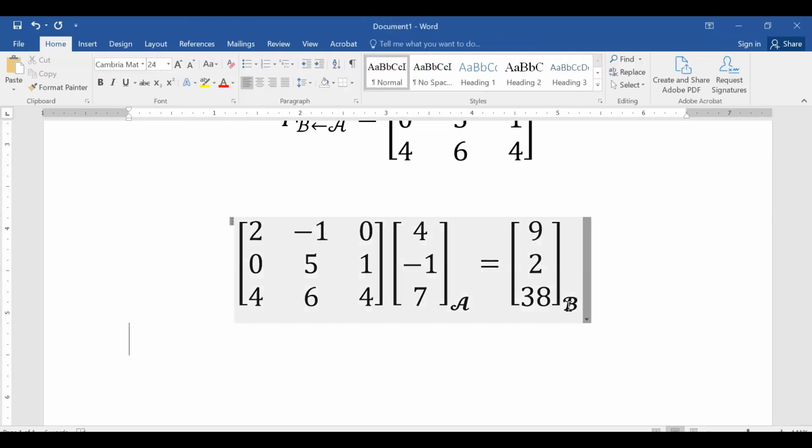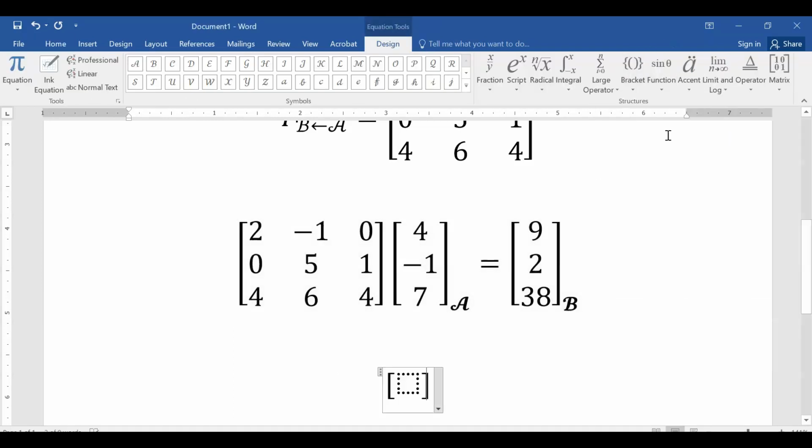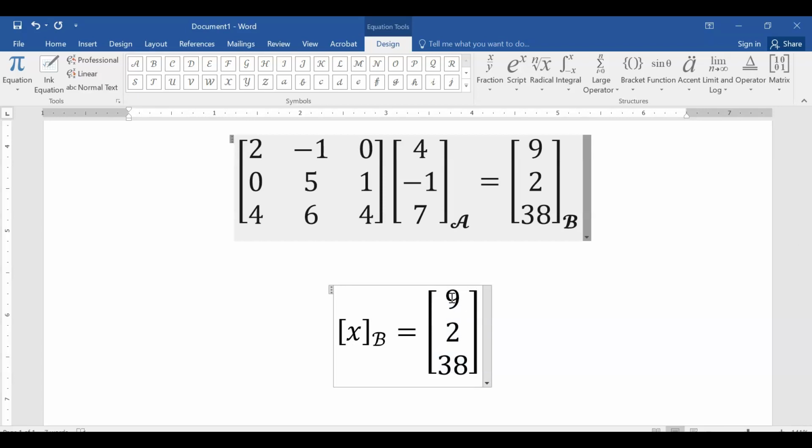Basically, what we mean by that notation is that the vector x that I had written with respect to basis B has to be this 3 by 1 vector. So the proper way of writing it is that x written with respect to basis B is 9, 2, 38.